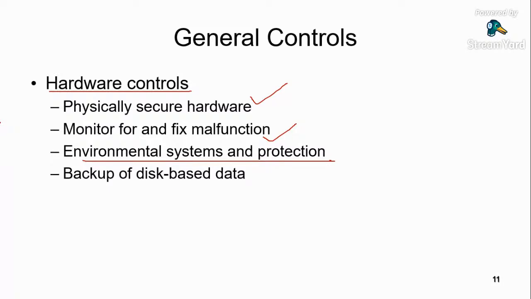Then maybe the air control. It is not air conditioning, but the way this air inlet and outlet is there, that we have to control. Then backup of disk-based data, this hardware. These come under the DR, disaster recovery management. But yes, in case your data is stolen or compromised, then you should always have the latest backup of your system.